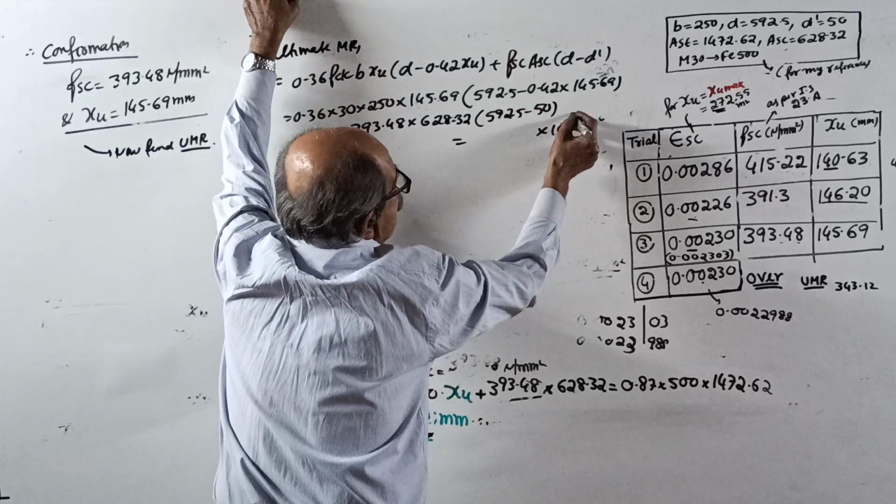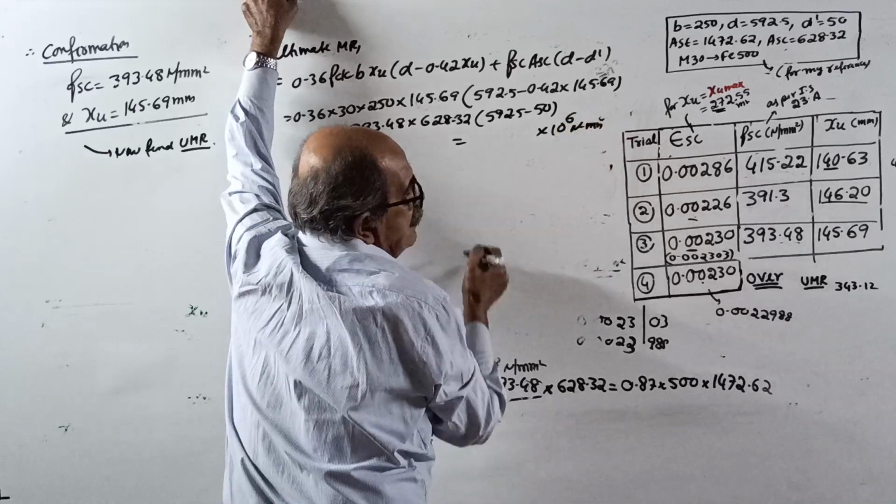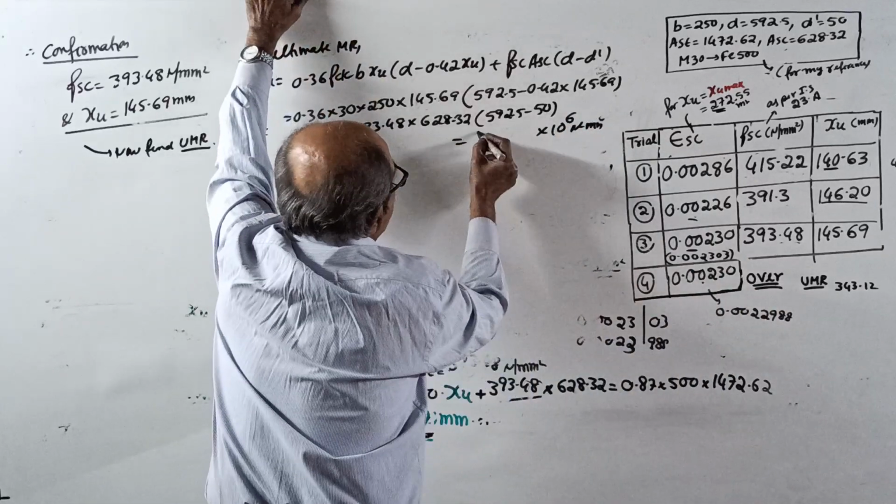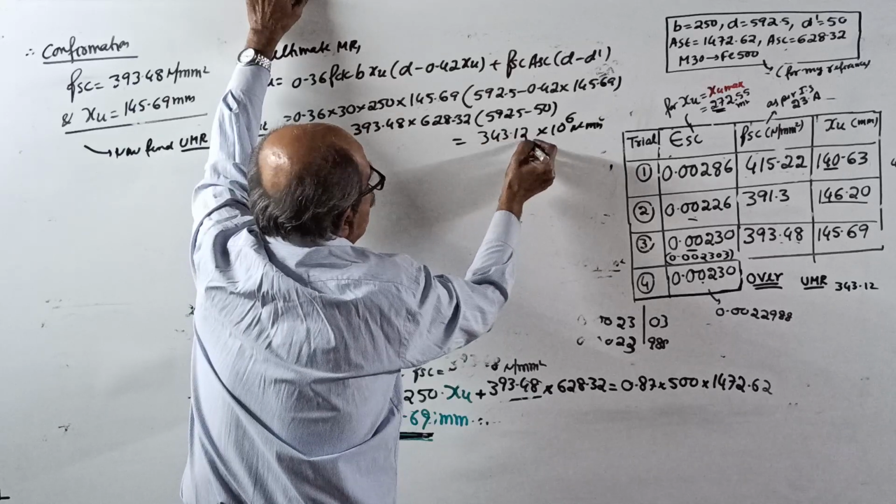Calculate, it will come 343.12 times 10 to the power 6 Newton millimeter.